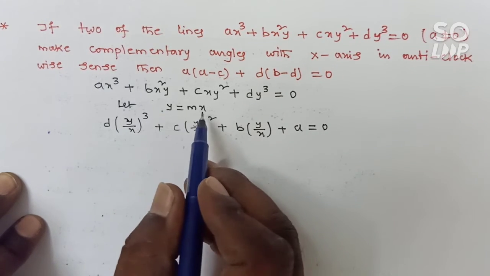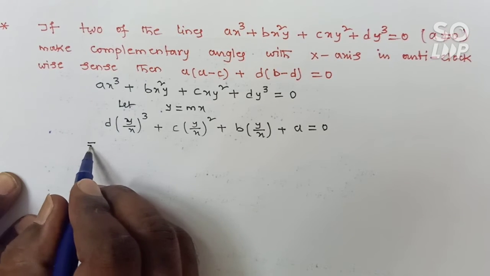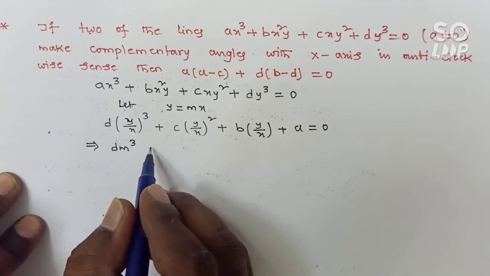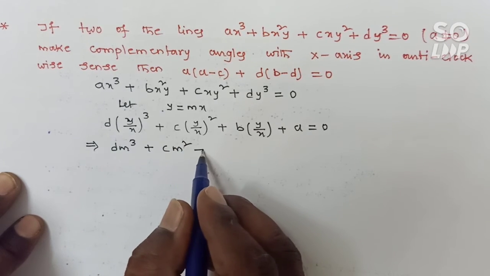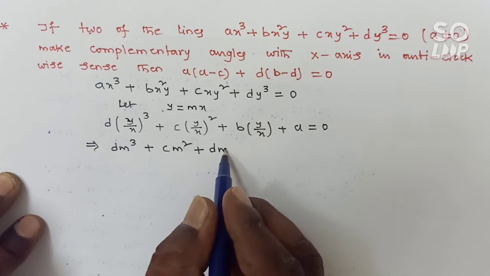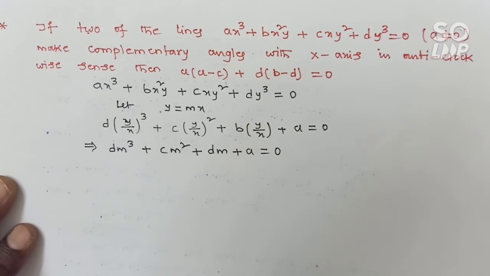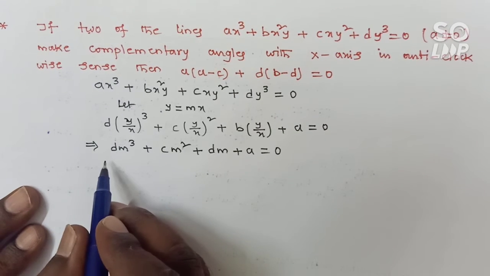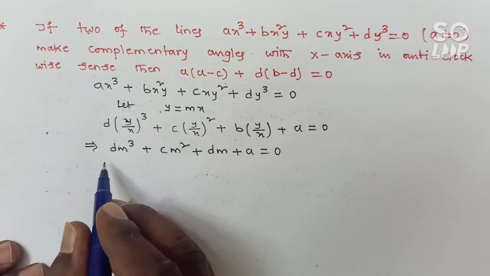Now from this, y by x is equal to m. That implies d m cube plus c m square plus b m plus a is equal to 0. So this is a cubic equation in variable m.